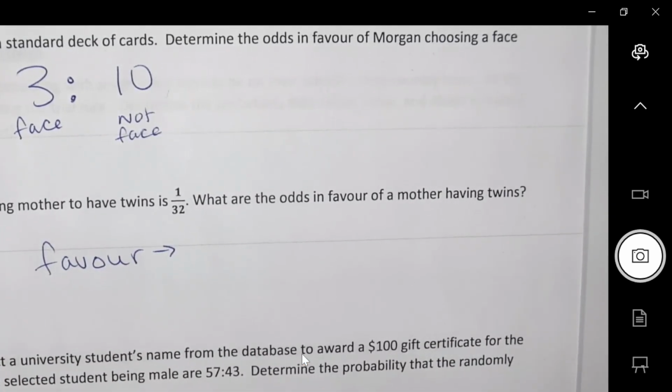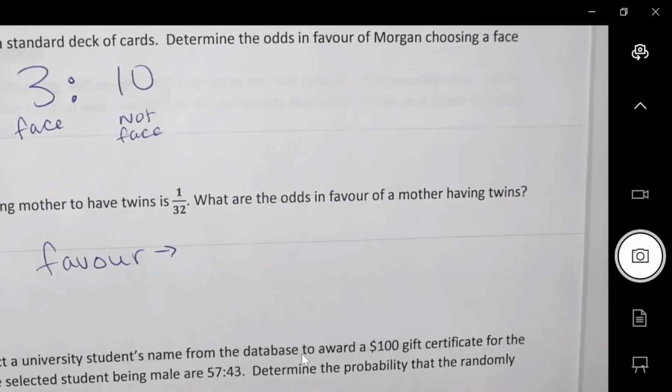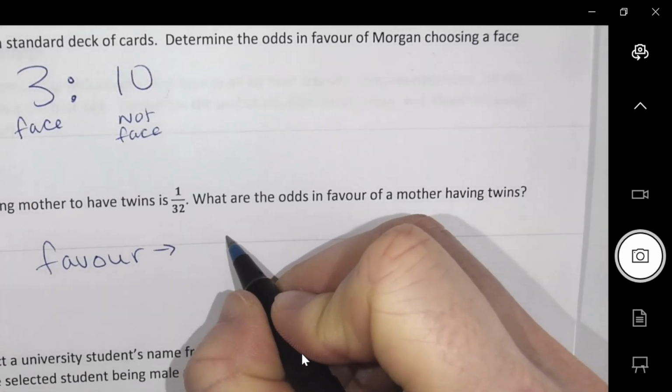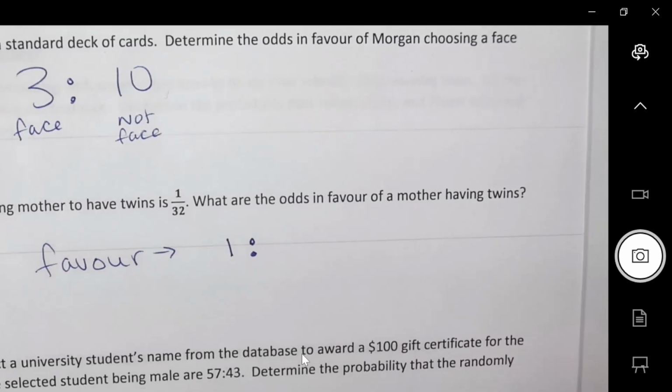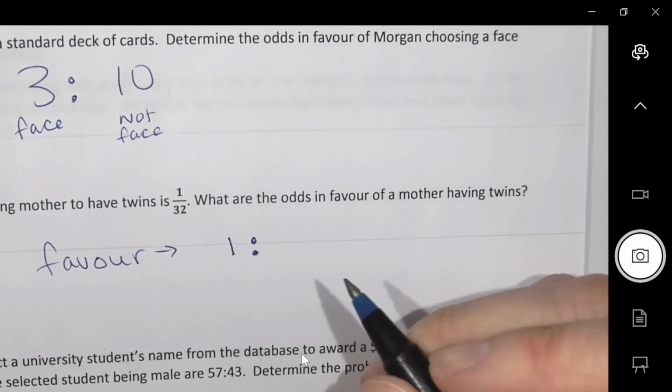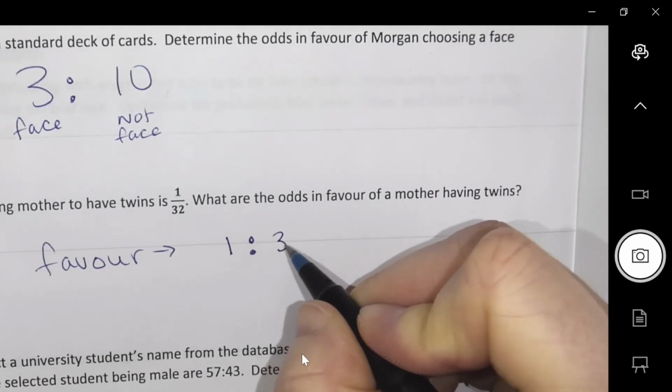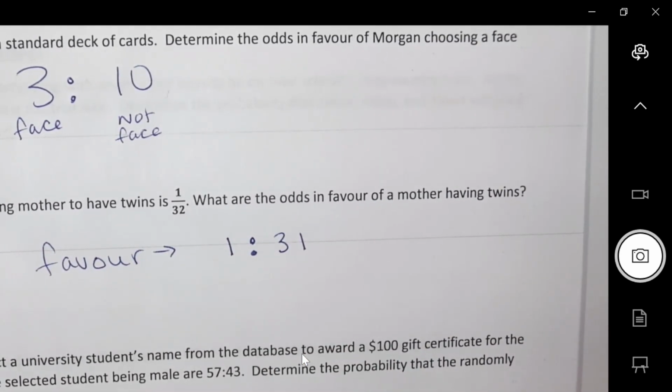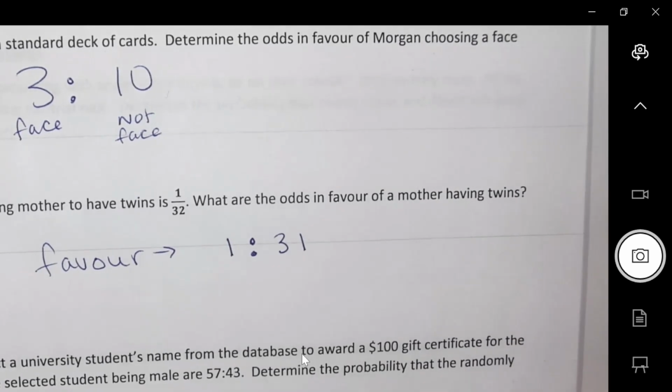Okay, so how many times would a mother have twins? 1. How many times will a mother not have twins? 31. Okay, because there's 32 altogether.